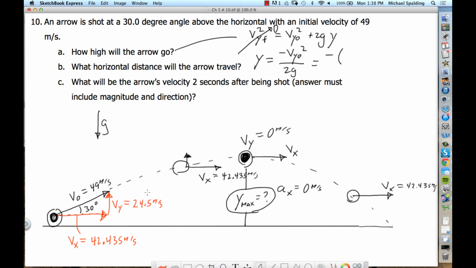Now what was the initial y velocity? 24.5. 2 times gravity is negative 9.8. So the negatives cancel, and we end up with y maximum being 30.6 meters. That's the max height.